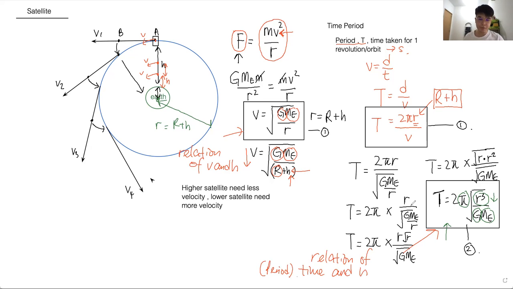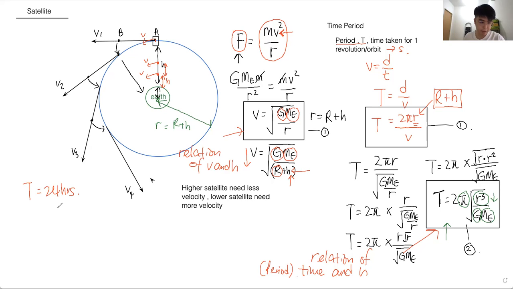Okay, now using this formula, let's say if we want to send a satellite into orbit, and I want the satellite to go around the Earth in 24 hours, one revolution. Okay, so I want the period to be 24 hours. At what altitude should I put it? We can calculate.